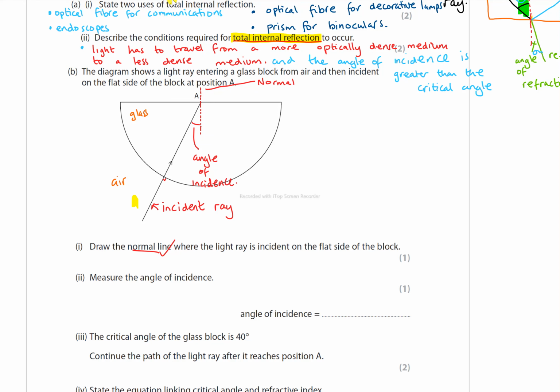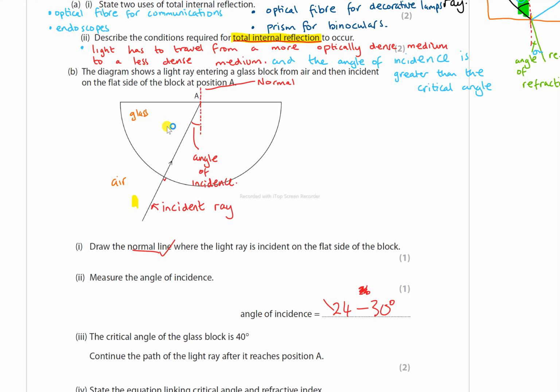So you'll draw that and you'll measure that. They've given a range of anything between 24 and 30 degrees. Basically what they're saying is 26, 27. That's fair enough, that's quite a big range. It's unusual. Right, the critical angle of the block is 40.